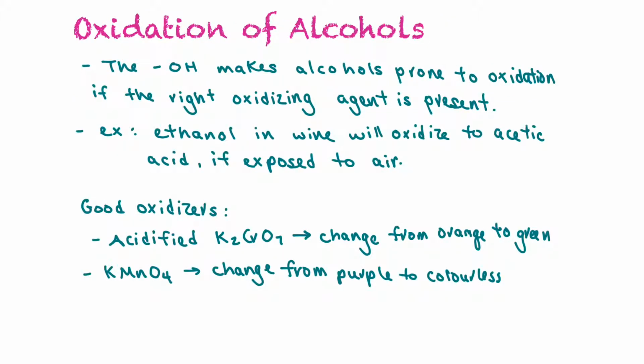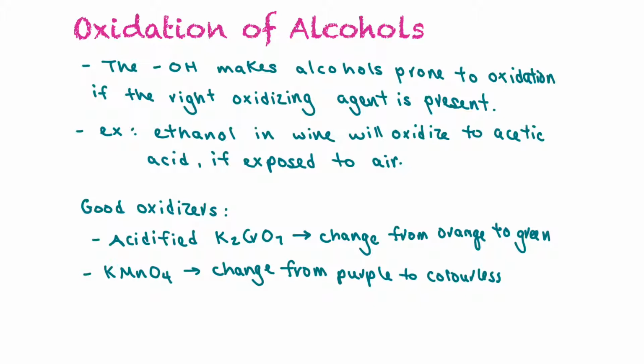So alcohols can undergo oxidation as long as they have the right oxidizing agent present. So for instance, ethanol in wine will oxidize to acetic acid if it's exposed to air. And acetic acid is vinegar.